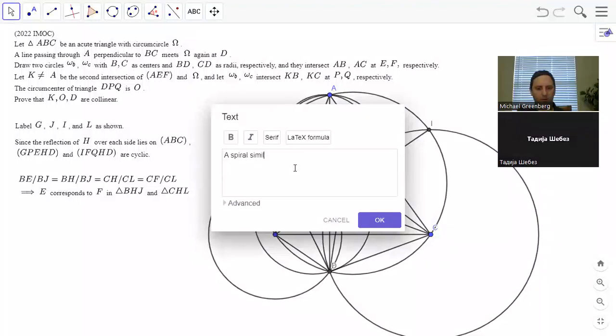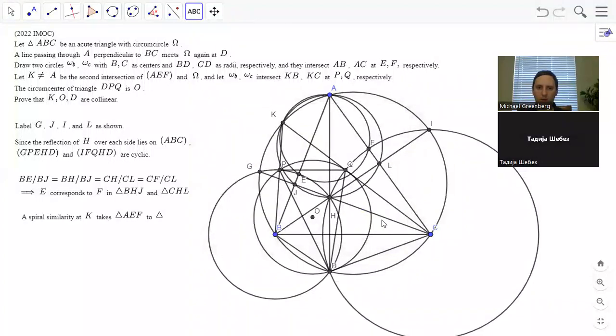So spiral similarity at K takes KEF to KBC.